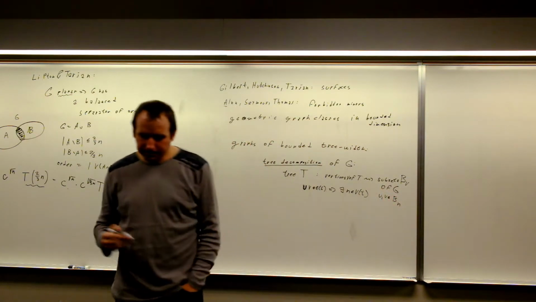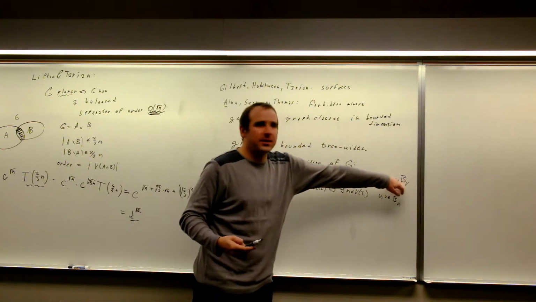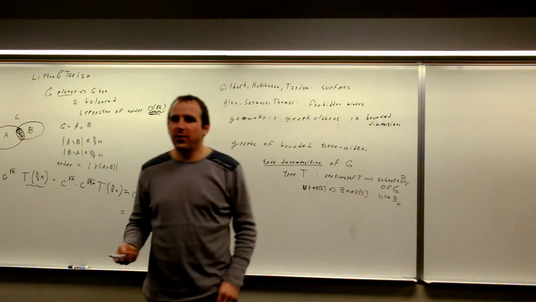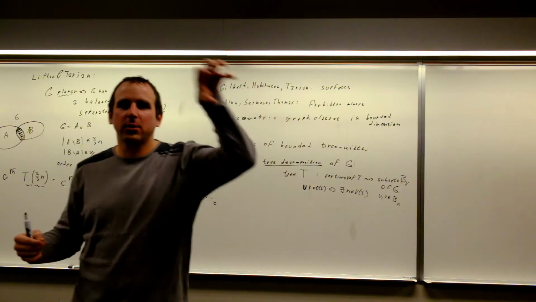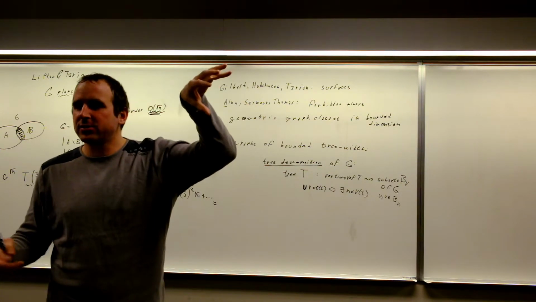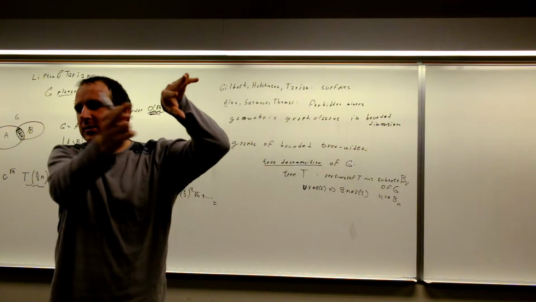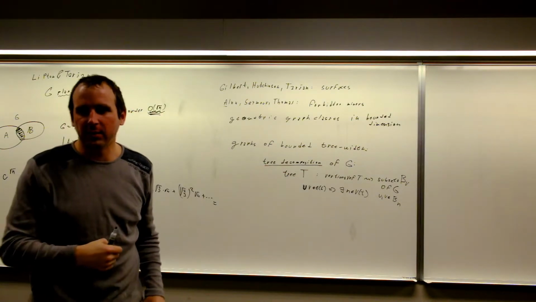And secondly, let me call these subsets bags. If I have a look at which bags contain a particular vertex of my graph G, these bags should form a non-empty continuous subtree of my tree.